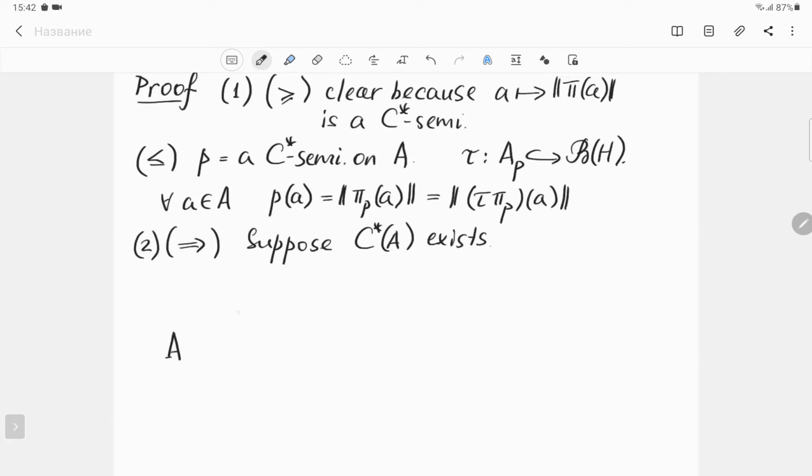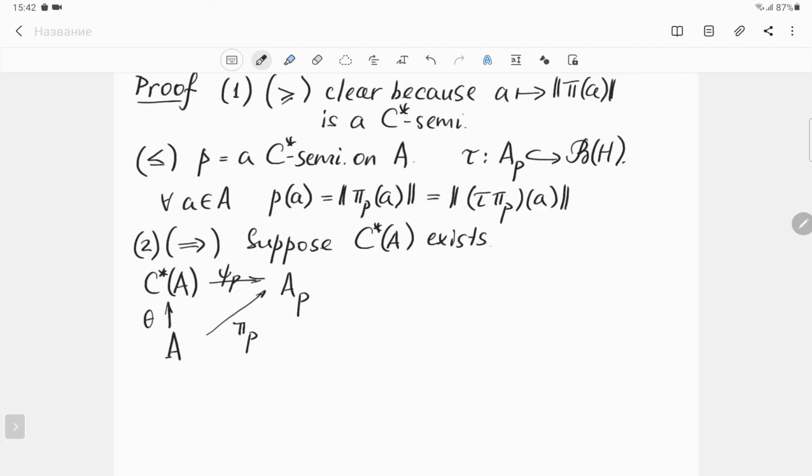So this is A. This is the canonical homomorphism pi_P to the C star algebra A_P. And here we have the C star envelope. And by the definition of the C star envelope, we have a star homomorphism here, denoted by psi_P.